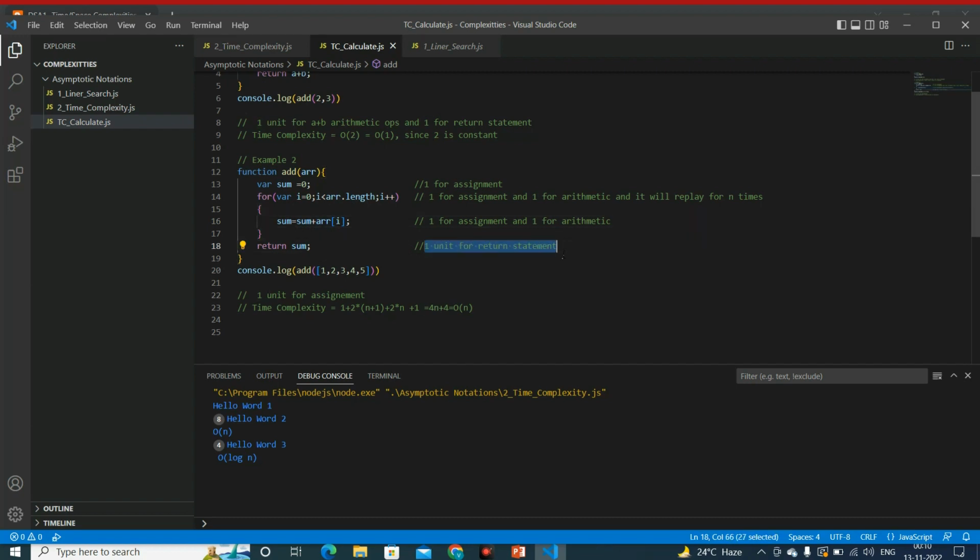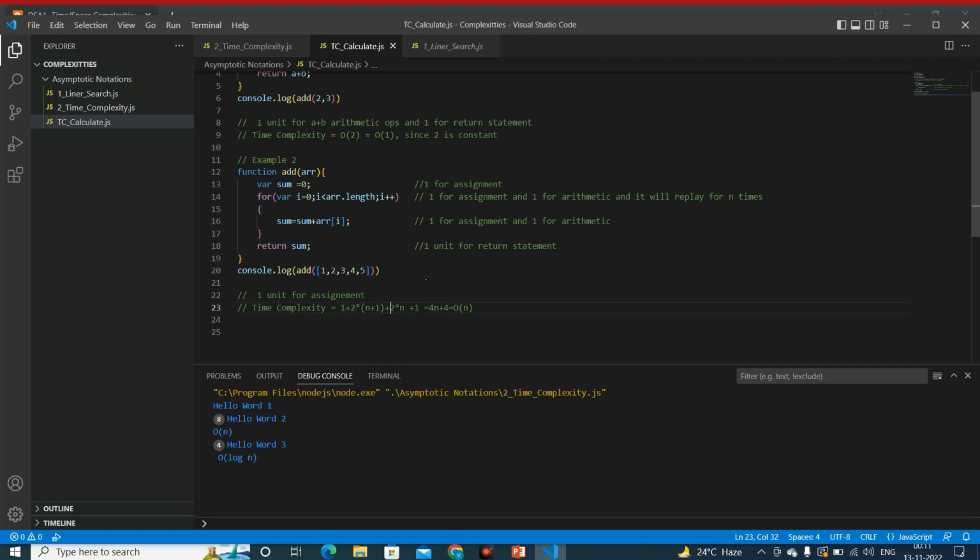And one for the return statement. Now time complexity is equal to 1 for sum, then 2 into n plus 1. Why 2? Because 2 units, one for assignment and one for arithmetic, into n, means n times the loop will run, and 1 is for the last occurrence, which we generally exclude or do not care about, but that iteration we are taking over here.